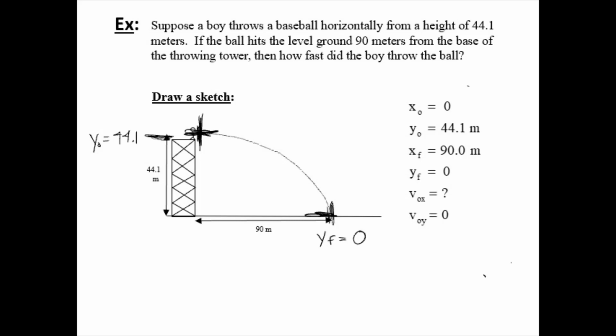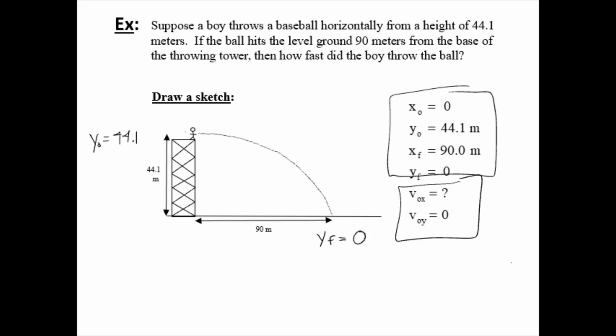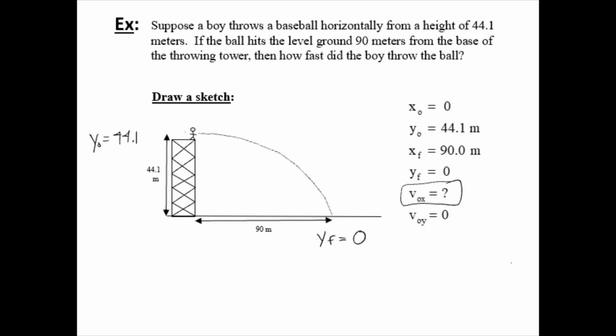And so I've got these initial coordinates set up for the beginning point and the end point in the problem. Remember, every physics problem has a well-defined beginning and end. Now, v original x and v original y: they didn't tell me v original x in this case. So this one's a little different. They didn't tell me how fast I threw the ball. That's actually what we want to figure out. They want us to figure out how fast the boy threw the ball.